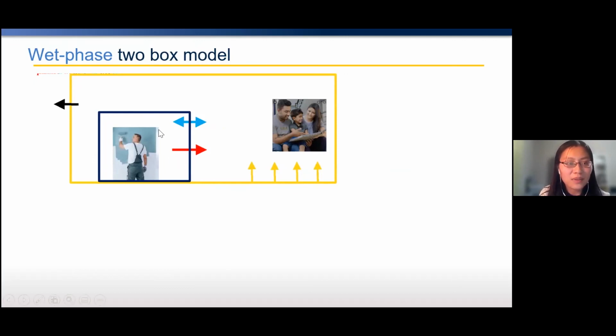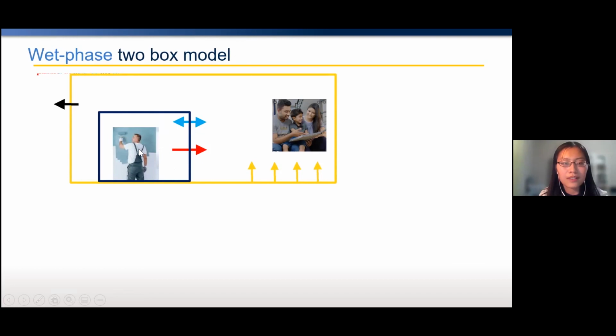So this is a diagram of our toolbox model for the wet phase. We divide our house into 2 zones. There are 2 boxes. One is the near-field zone, and the second is the far-field zone. The painter applies the paint on the near-field surface, which can be evaporated to the near-field air. And then it will be transferred to the far-field air and finally ventilated to outdoor air.